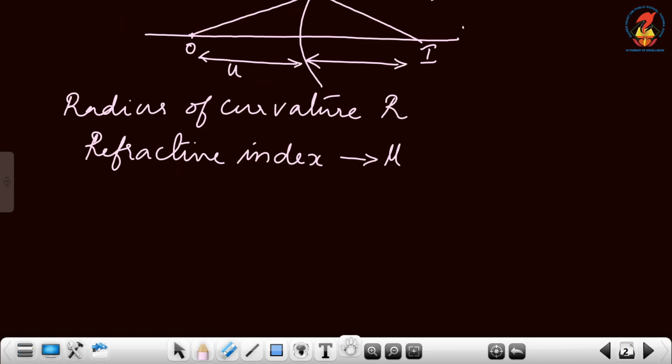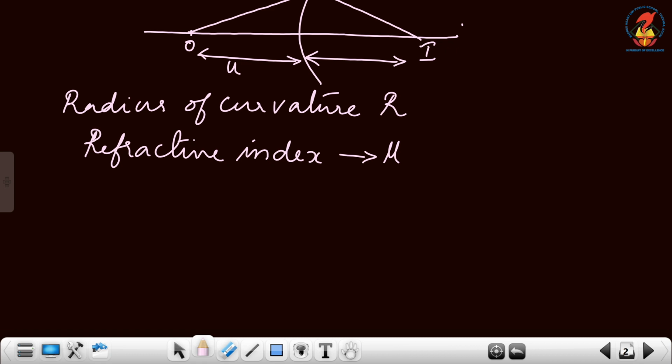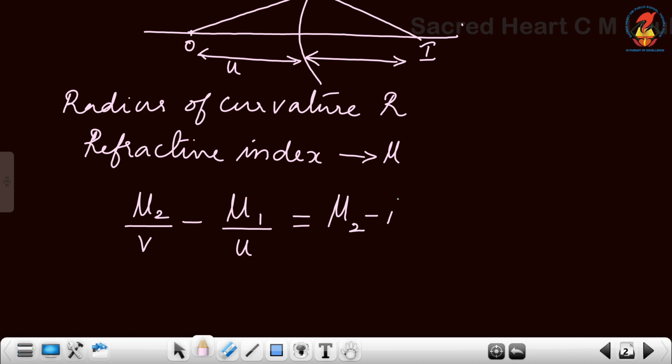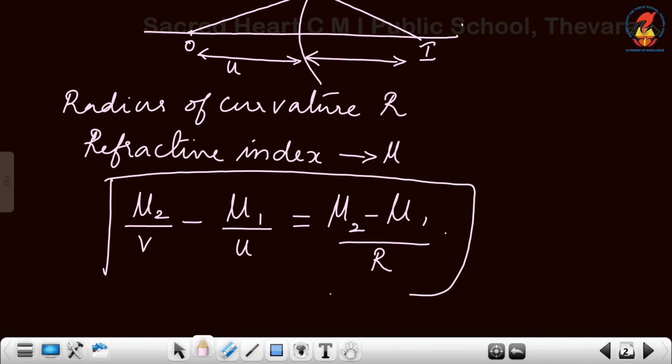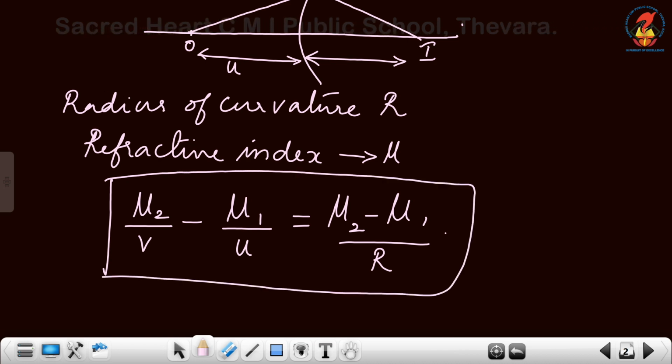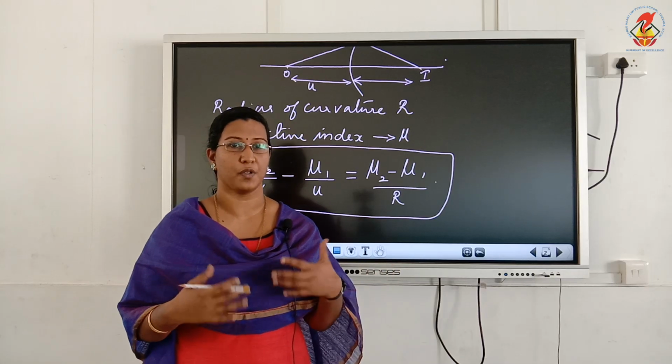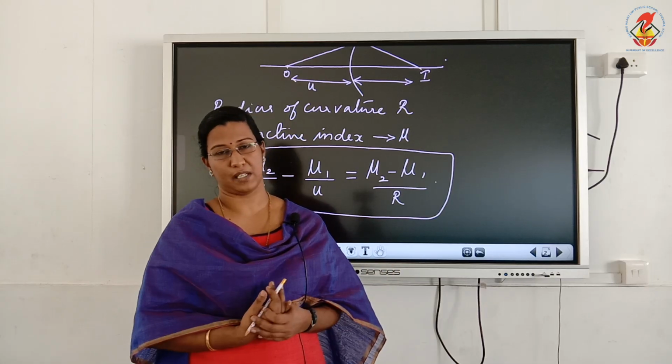And we got the equation as mu2 by v minus mu1 by u is equal to mu2 minus mu1 divided by r. This was the equation which we obtained using the derivation of refraction through a convex spherical surface. The same equation you will get if you are deriving for a concave spherical surface.